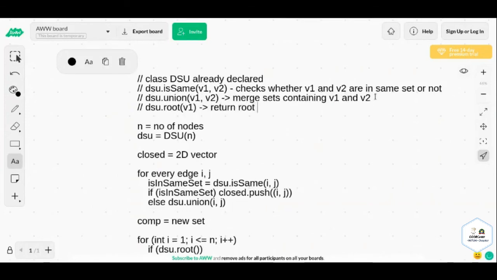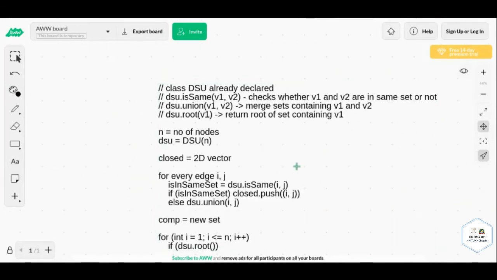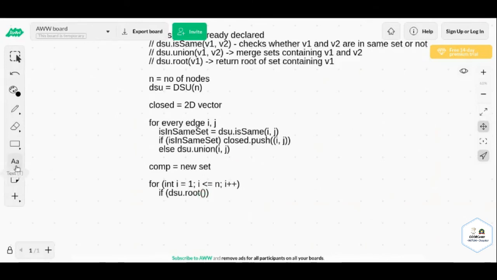This will return the root of the set containing v. So we check if the root of i is equal to i. What does this mean?